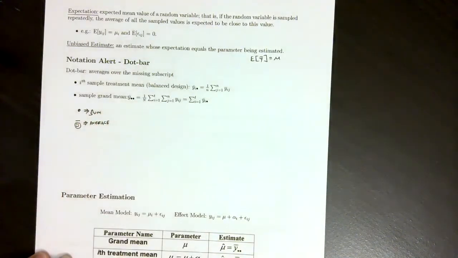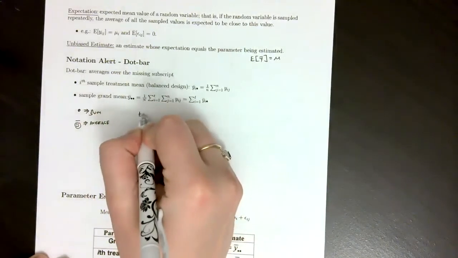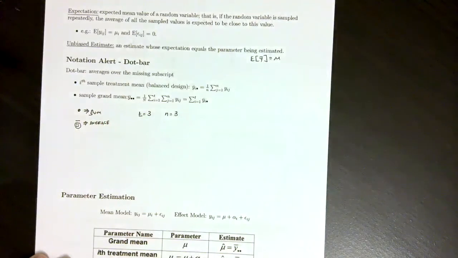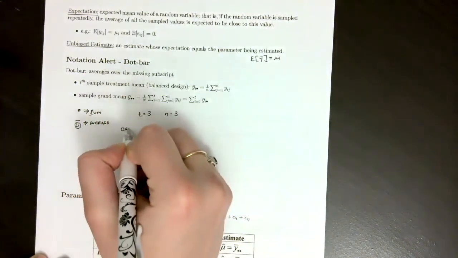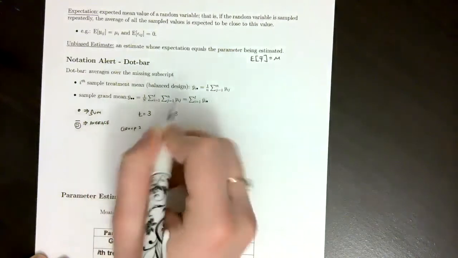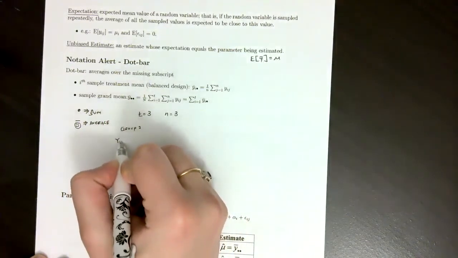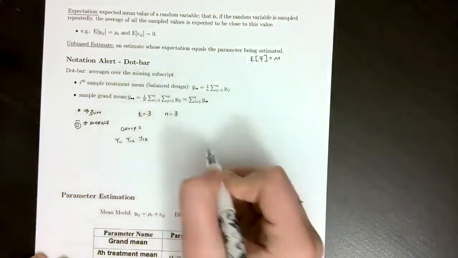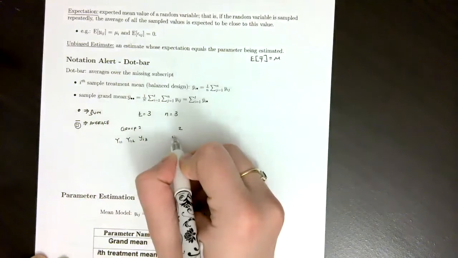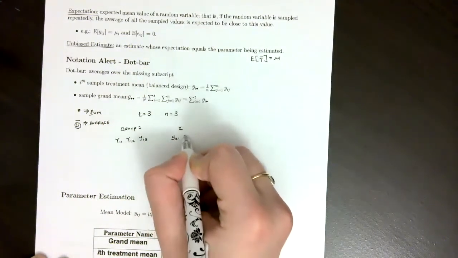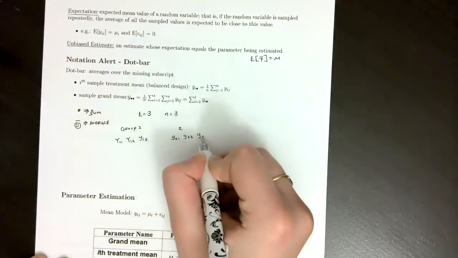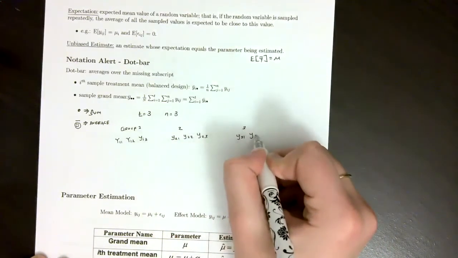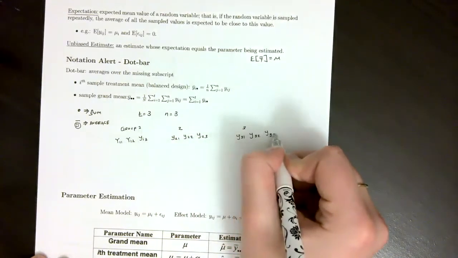So let's say we have 3 treatments with n replicates. Group 1 will have y11, y12, y13. Group 2 will have observations y21, y22, and y23. And group 3 will have y31, y32, and y33.